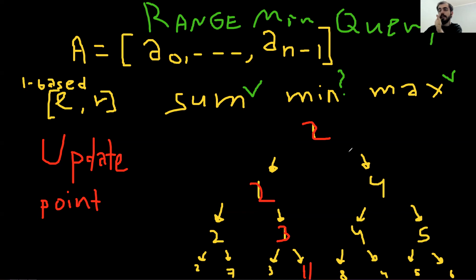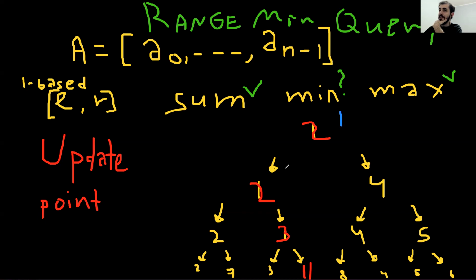And this kind of structure is typically represented with an array because there's a smart way to index. The smart way to index is as follows.